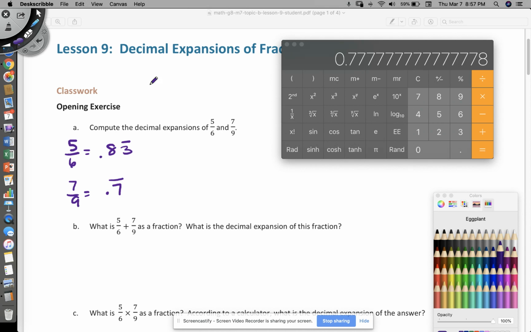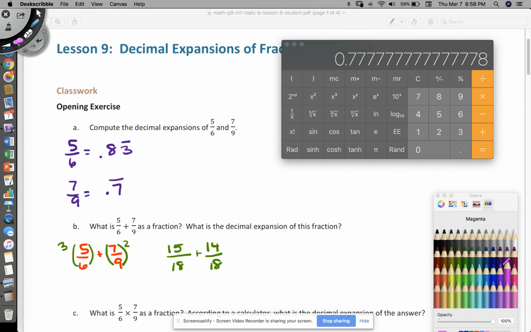Let's look at the next one. I have to add the two fractions. So I'm going to say 5/6 plus 7/9. Well, you know you need a common denominator. My common denominator here is going to be 18, which means I have to multiply this whole fraction by 3 and this whole fraction by 2, giving me 15/18 plus 14/18.